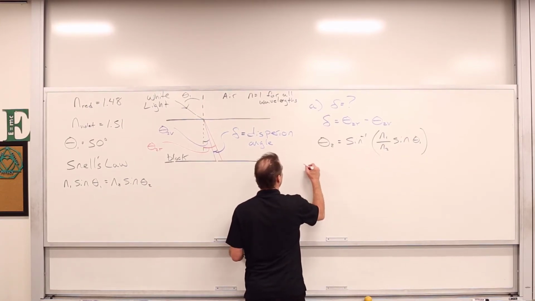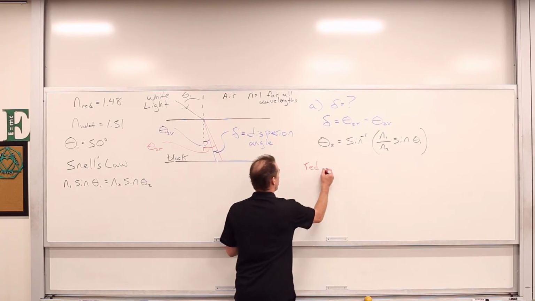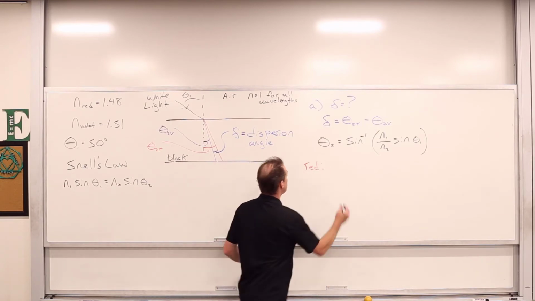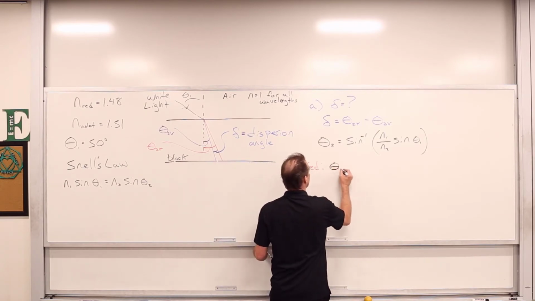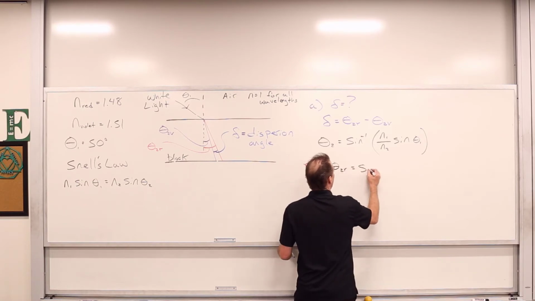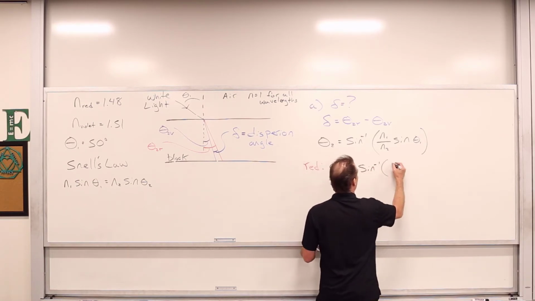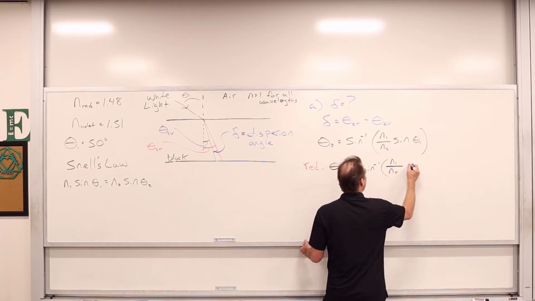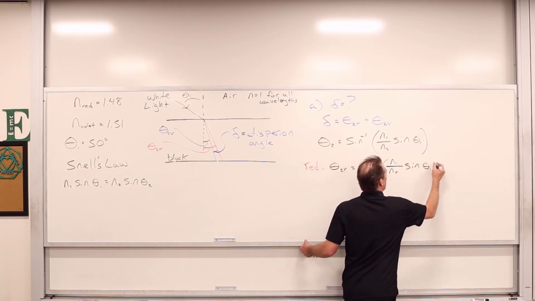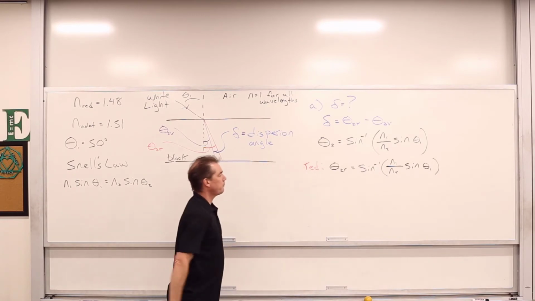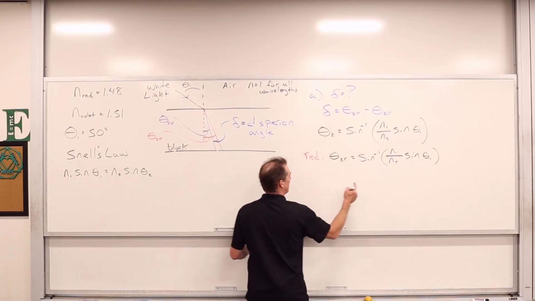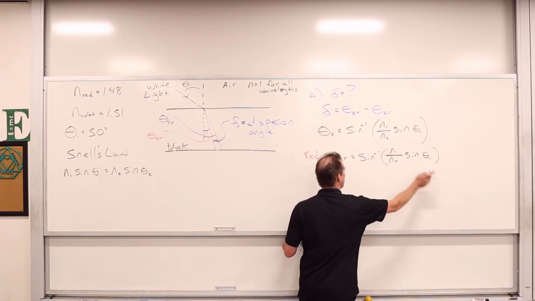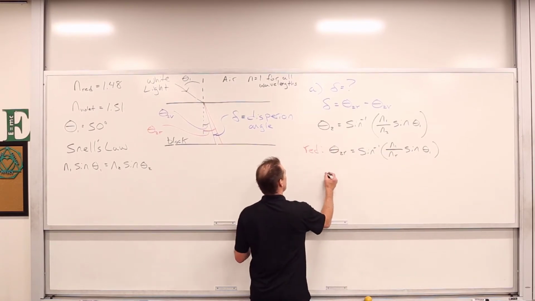Red. We can go ahead and say that theta 2 red is equal to the arc sine of n1 over n sub red times the sine of theta 1. We can solve that out because we know what n1 is, we know what n red is, and we know what theta 1 is.